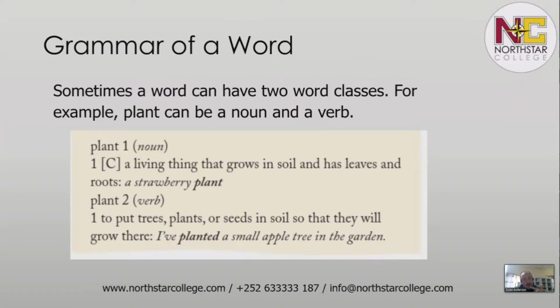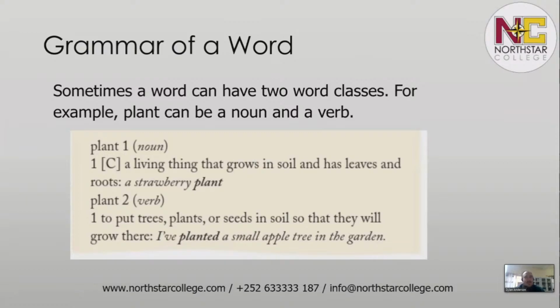And in that sentence, I used the second one, the verb plant. As a verb, it means to put trees, plants, or seeds in soil so that they will grow. The example sentence is, I've planted a small apple tree in the garden. So example sentences can be a very important aspect of learning grammar because they give you a context for the word.